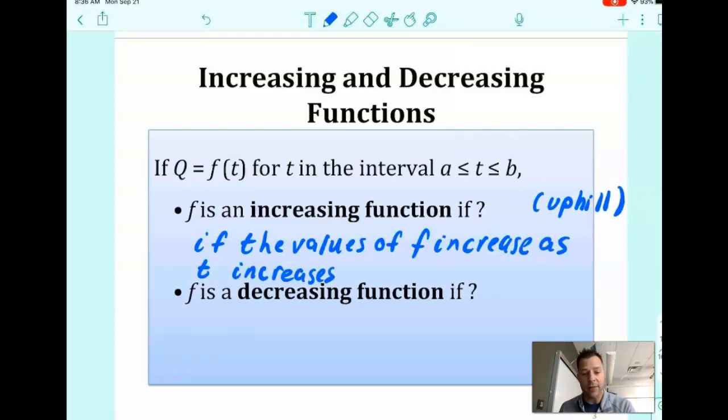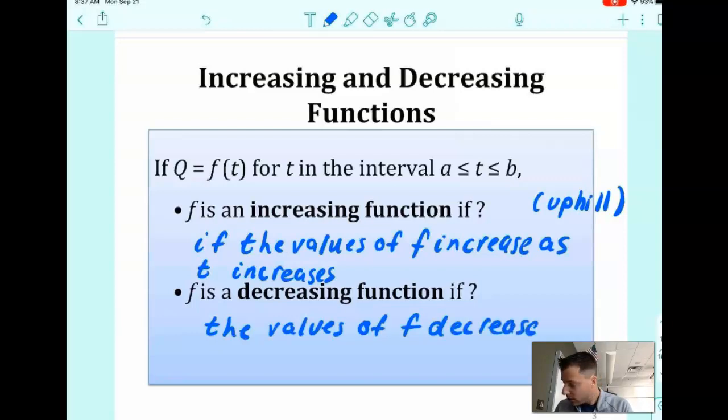How do you know f is decreasing? Well, the values of f decrease, so your y values, your outputs, are decreasing as t increases. I want you to think about this: the values of t are always going to be increasing. When you talk about increasing and decreasing functions, your independent variable is always going to be increasing.